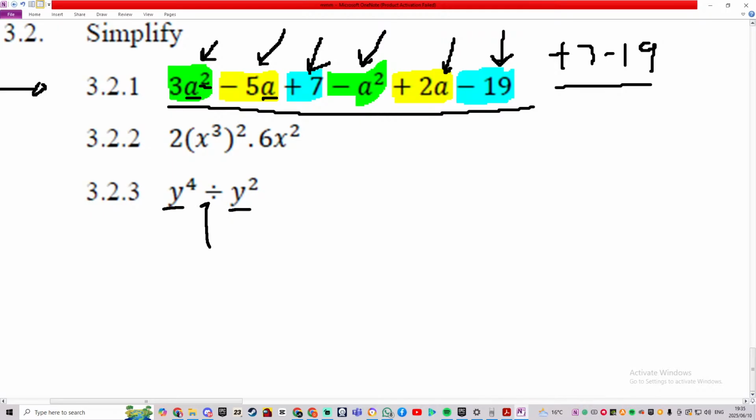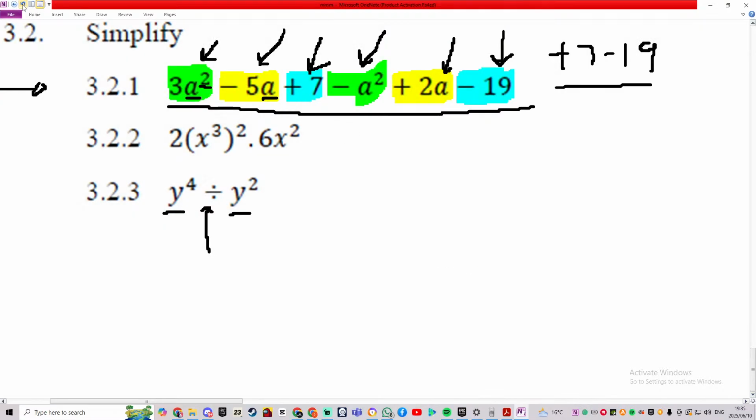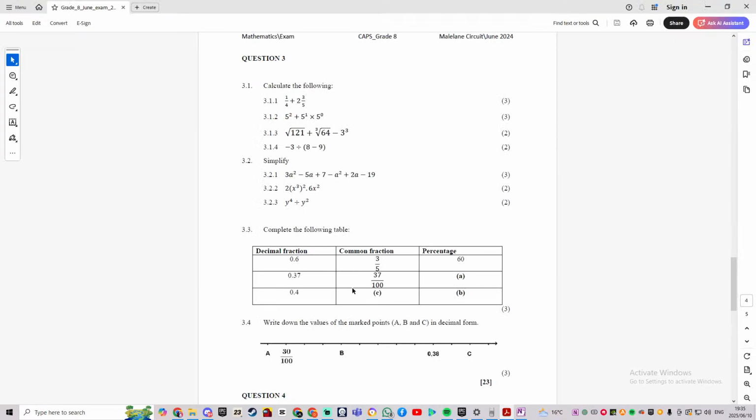So when we multiplied, what do we do with the exponents? We added the exponents. But with division, we subtract the exponents. So that answer is equal to y to the power of 4 minus 2, which is equal to y to the power of 2. Okay, let's move on.